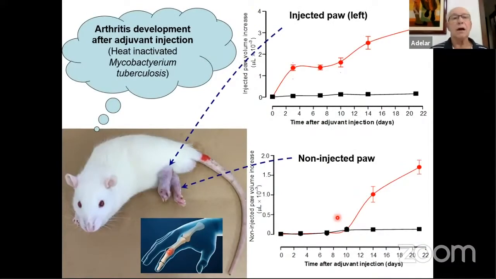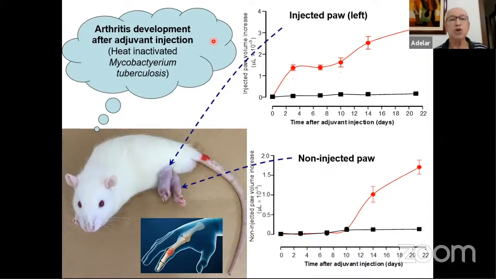In the rat, arthritis can be induced, for example, by injecting the so-called adjuvant, which may consist of heat-inactivated Mycobacterium tuberculosis, for example.